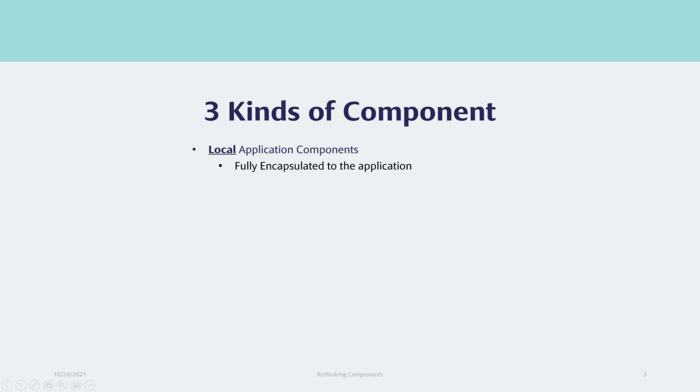Next, I want to talk about this idea of fully encapsulated to the application. What does that mean? Encapsulation is basically to be inside of something. If you think about HTTPS, that is encapsulated in a secure connection. Another way to think about it is there's a metal pipe, a conduit, and you stick a wire through that metal pipe.